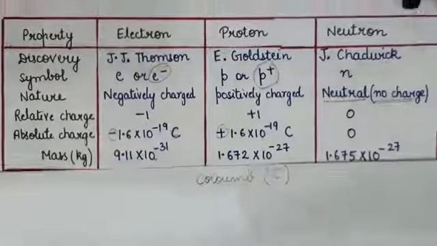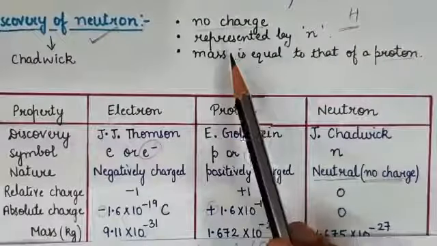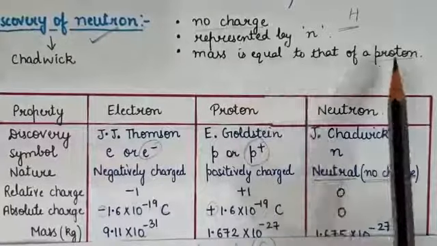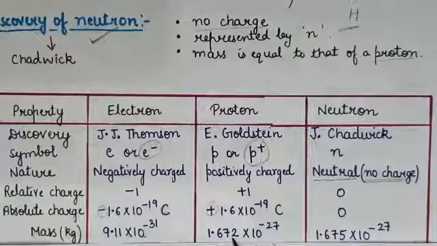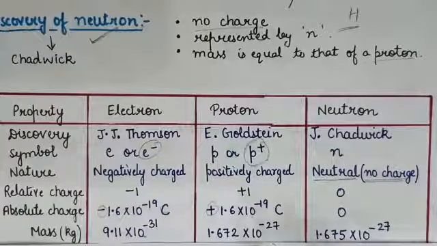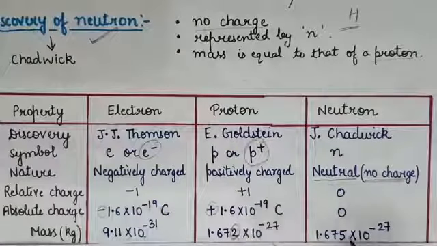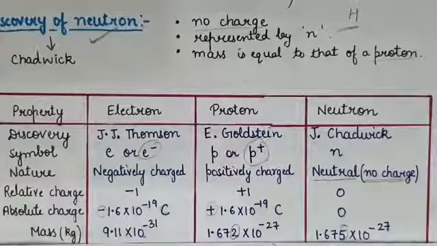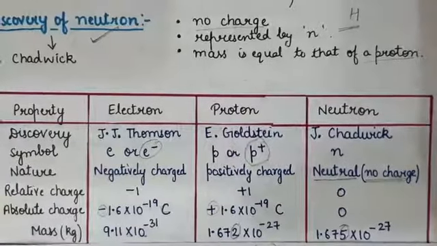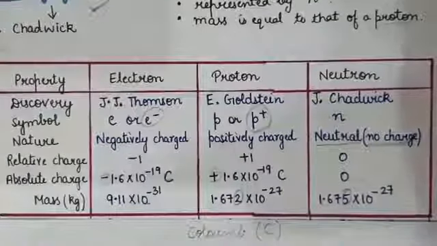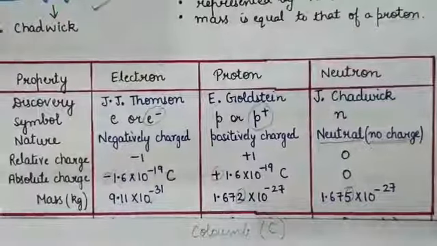I told you right now that the mass of neutron is equal to the mass of proton. So you can see here the mass of neutron and mass of proton are equal, with just a minute difference in the last digits. Otherwise they are almost equal. Clear, students? So this was about the comparison between electron, proton and neutron.